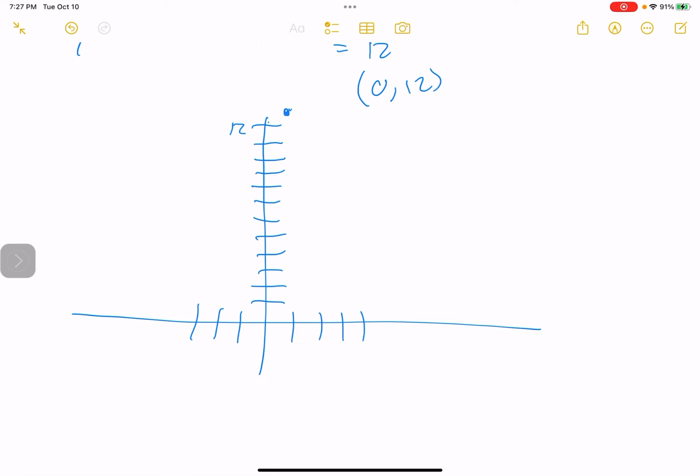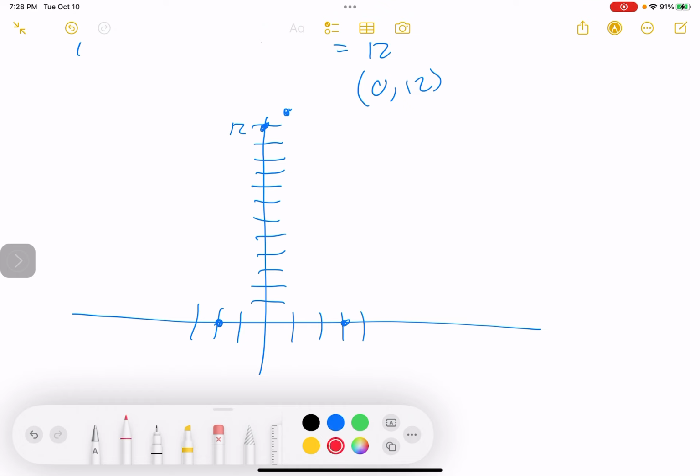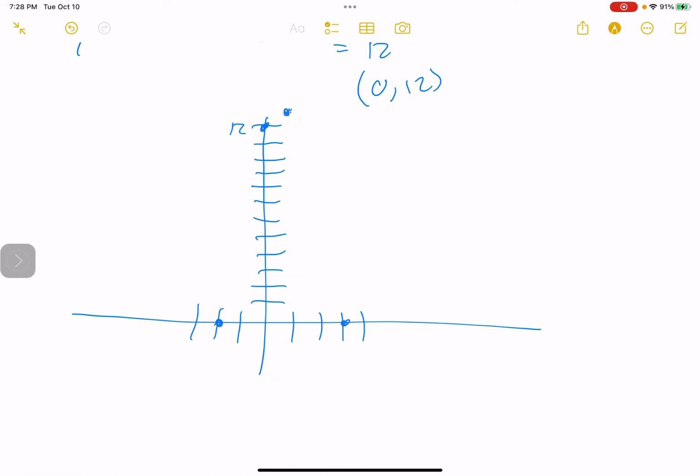We know at x equals 0 it crosses the y-axis at 12, and we know it's going to cross the x-axis at negative 2 and positive 3. I like to change colors, so let's see, red. It's going to look something like that. Okay, hope that helps.